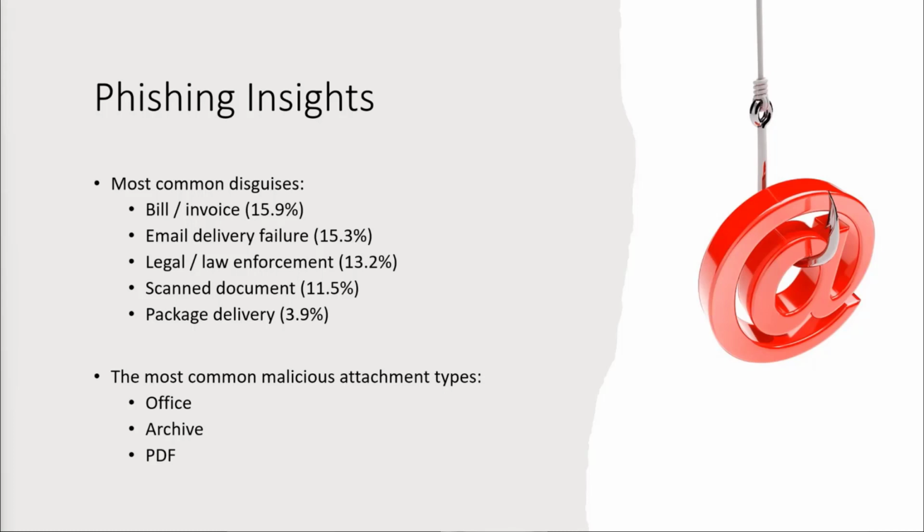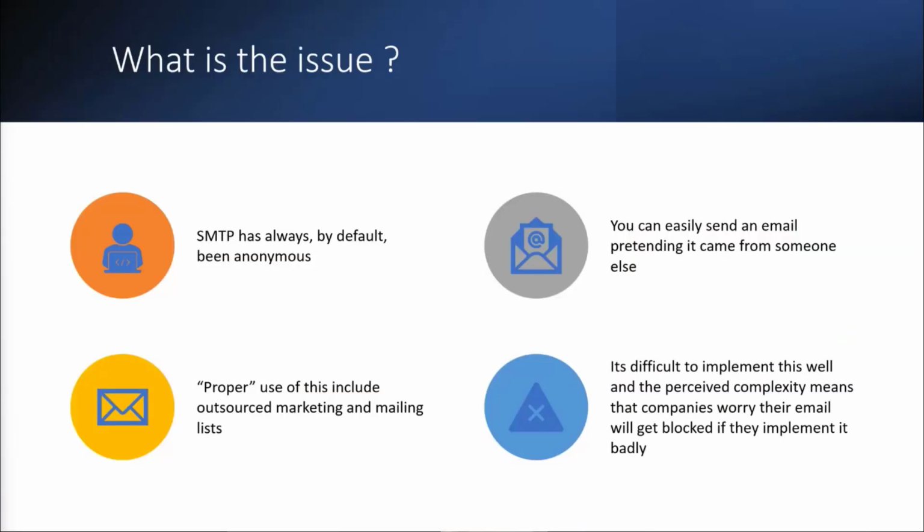So if we take a step back and look at what the main issue here is, well, for one, sending email over SMTP has always been, and by default is, anonymous. So we have no way of, by default, making sure that all communication is encrypted.